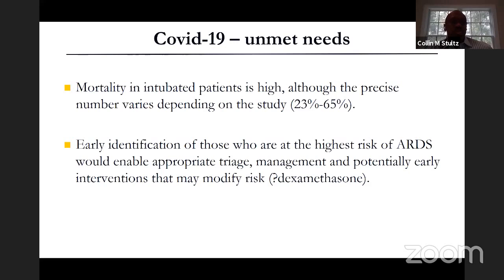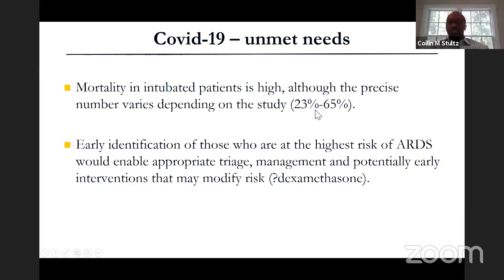Moreover, once these patients are intubated, the mortality is quite high. Depending on what study you look at, it's between 23% and 65%. Some of the earlier studies from Wuhan showed about 65%. Some of the later studies out of Italy and parts of the US showed about 23 or 28%. But nevertheless, these numbers at either end of the spectrum are quite high.